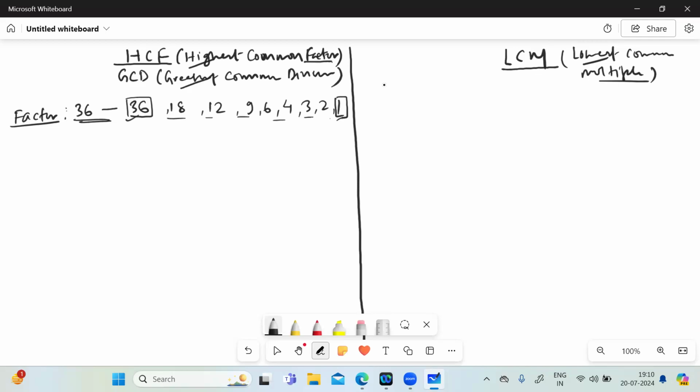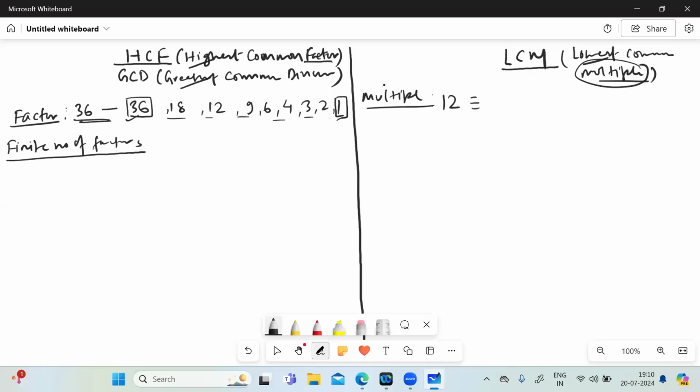Okay. So there will always be a finite number of factors for any number. And in the case of LCM, we have the third term, the multiple. So what do we mean by multiple? All those numbers that we get by multiplying any integer with a particular number. Like, let's say we have 12.